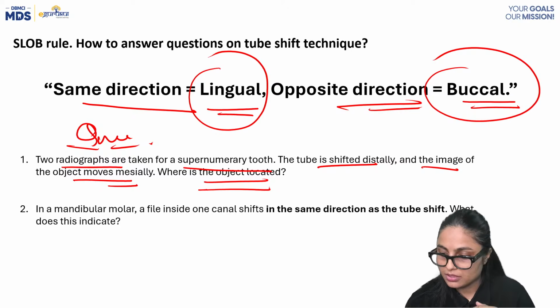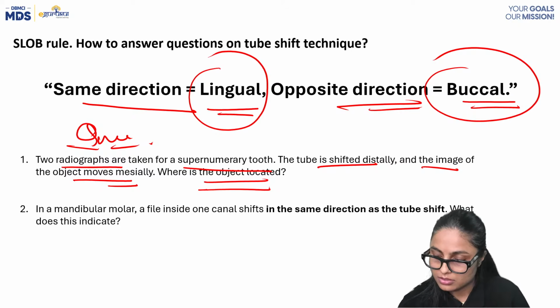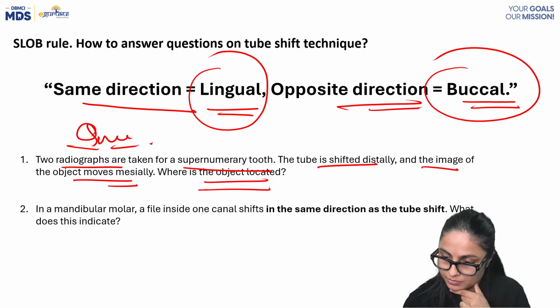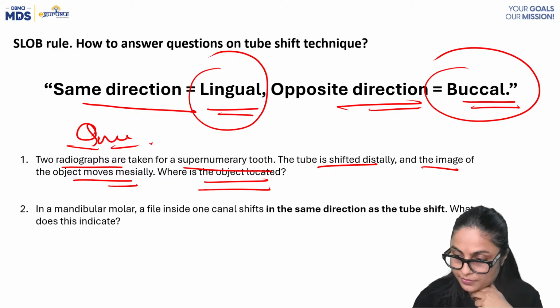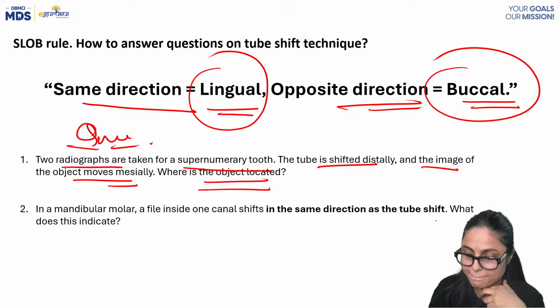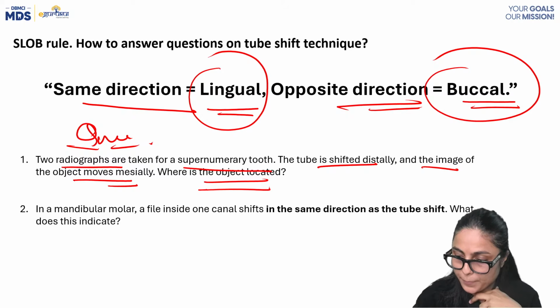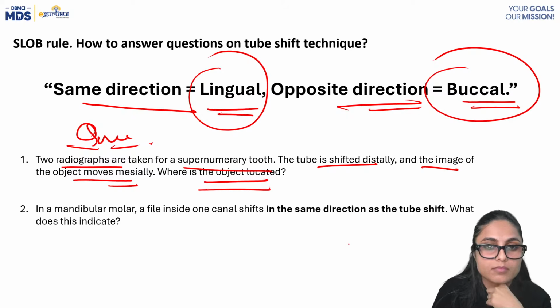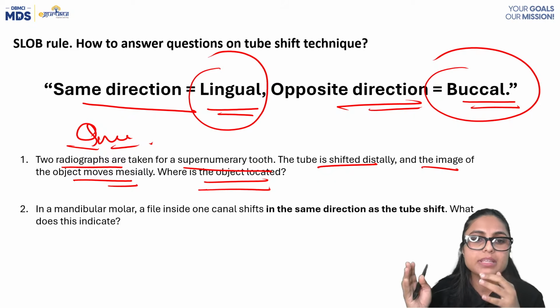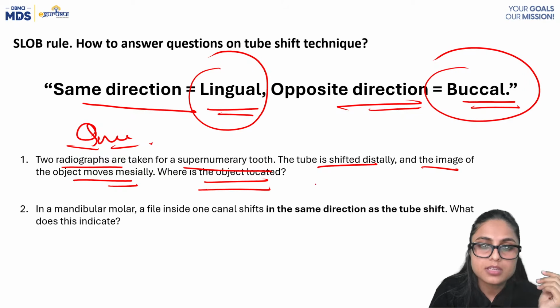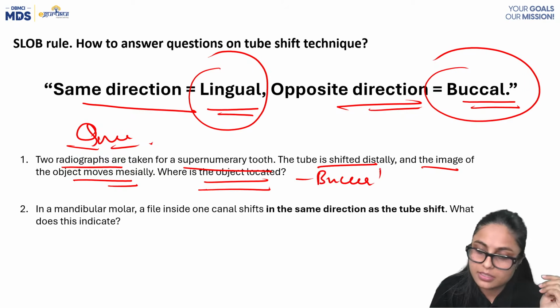Can you tell me? Yes, opposite direction. The tube shifted distally, but the image moves mesially. That means it is located buccally.